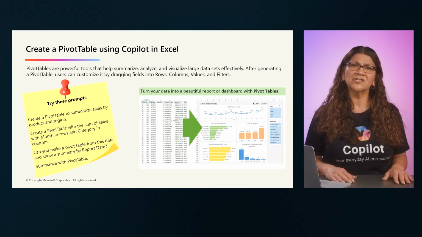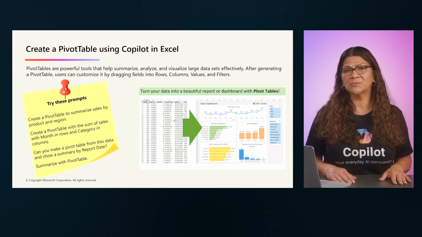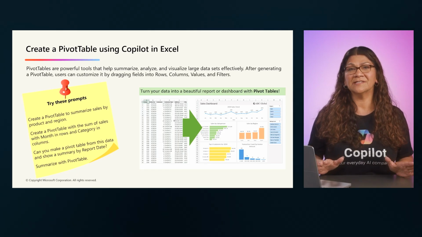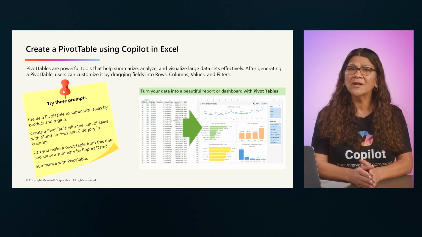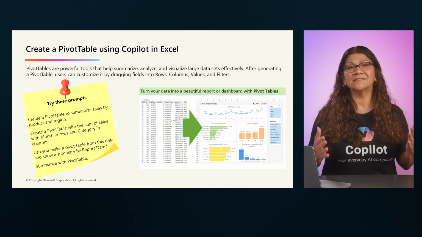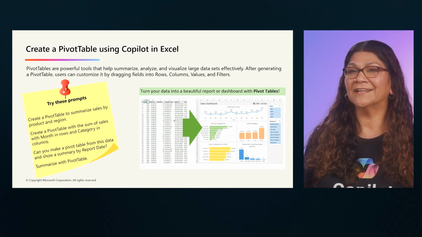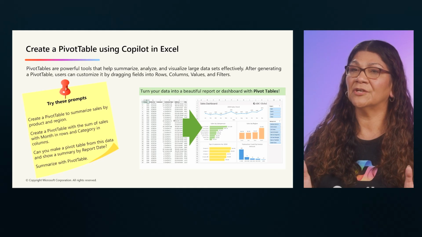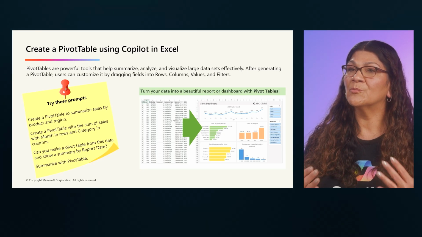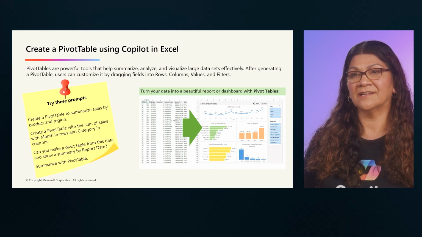A sales manager reviewing quarterly performance across products and regions could, instead of manually building pivot tables, ask Copilot to create one that highlights top performing products by region and visualize the results in a dashboard. In seconds, you can gain a clear view of what's driving revenue and where to focus next, with more time acting on insights.